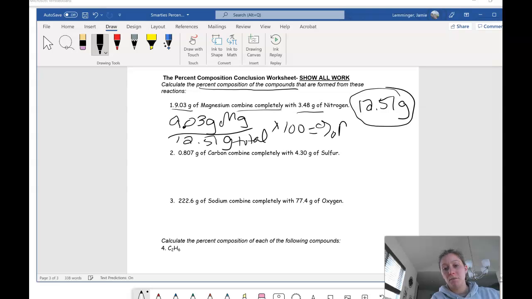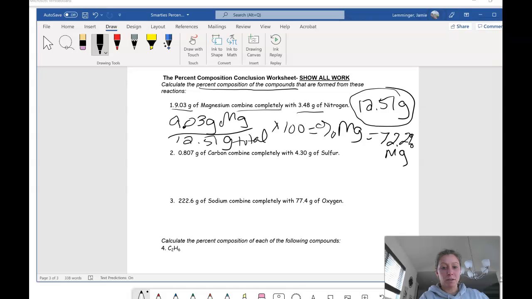It's going to give me my percent magnesium. What do you get for that? And then for your nitrogen, you could do either 100 minus whatever that percent is, or you could go through the whole calculation. So these are pretty easy kinds of calculations. For this one, you should get 72.2% magnesium.